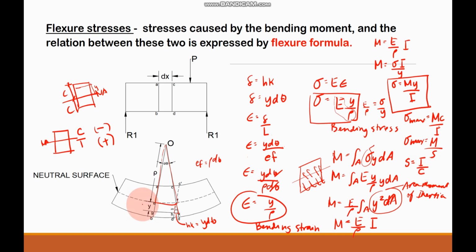And then the positive bending moment is caused by a negative compressive stress, and it is occurring above the neutral axis, and a positive tensile stress is occurring below the neutral axis.